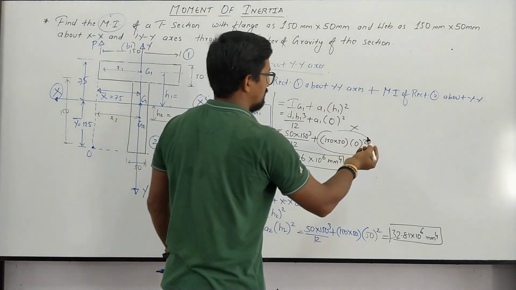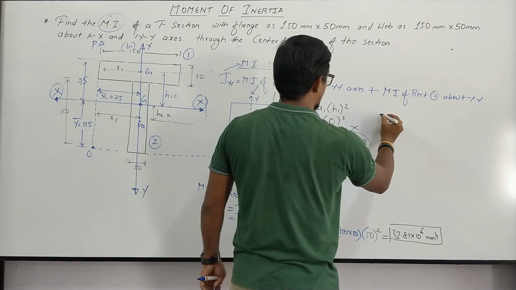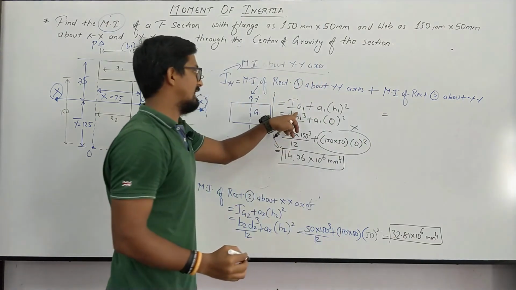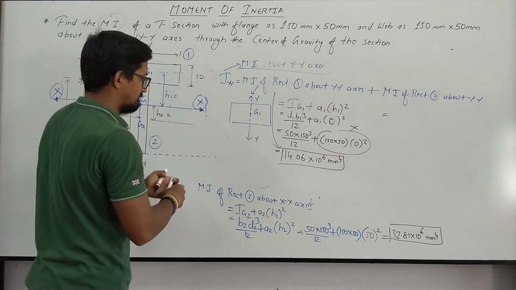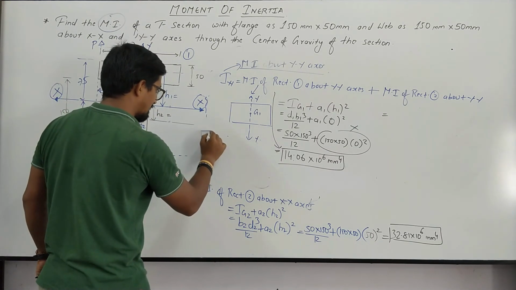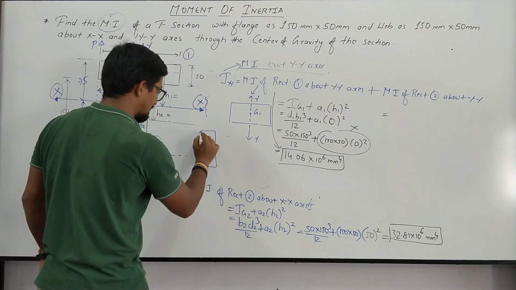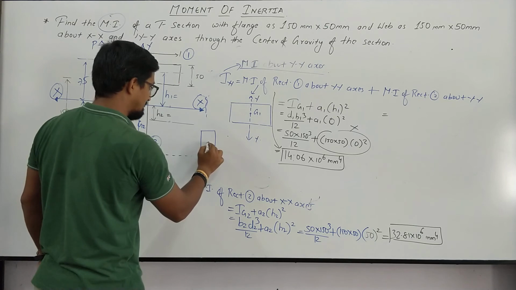Similarly, if you want to calculate the moment of inertia of rectangle 2 about y axis, what will that be? So now again for this rectangle I will draw here. Suppose this is the second rectangle, correct? The CG is somewhat here and the original CG is here.